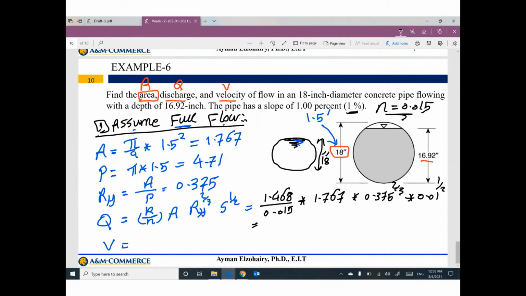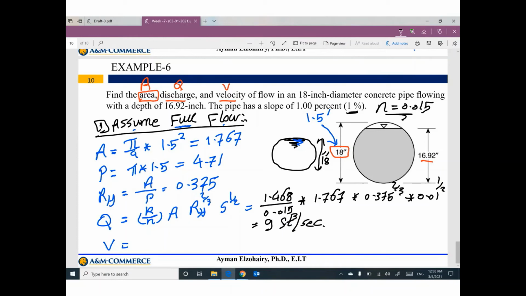What is the discharge? 0.375 to the power 2/3, times 1.767, times 1.468, divided by 0.015. This discharge is 9 cubic feet per second.